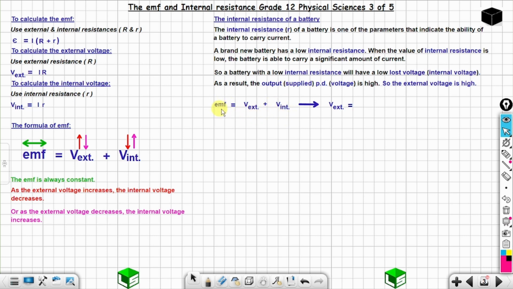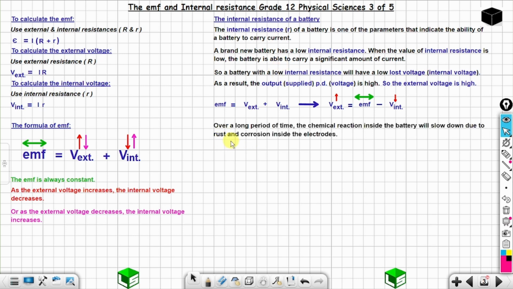Now you have EMF minus internal voltage. Remember, we have EMF constant, always constant. Now, when the lost voltage or the internal voltage is low, decreasing, from the EMF you are going to subtract a smaller number. You end up with a higher external voltage. So now this is about a brand new battery. What about an old battery?